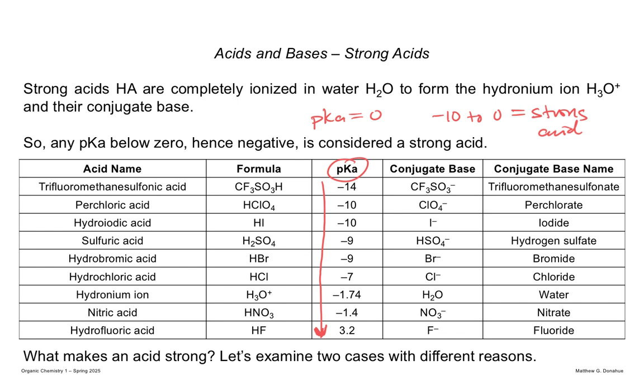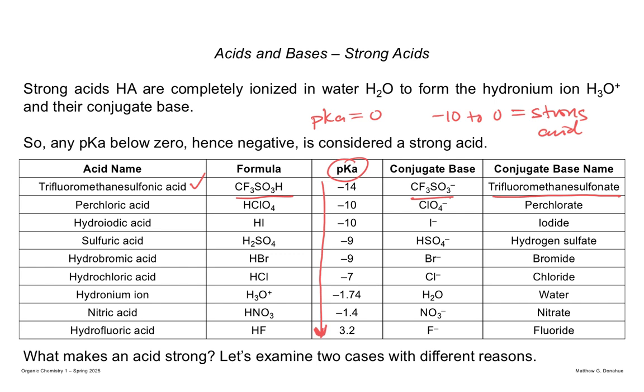What you see here is the acid name. The first one is called trifluoromethane sulfonic acid. Next is the chemical formula. After you remove the acidic OH, this is the conjugate base, and the name is trifluoromethane sulfonate.